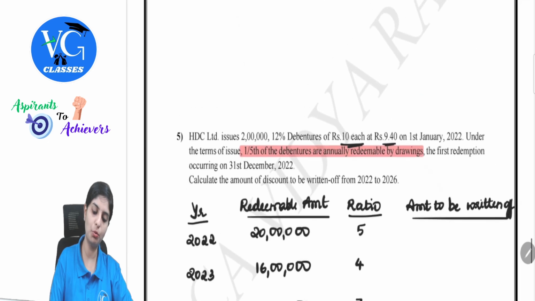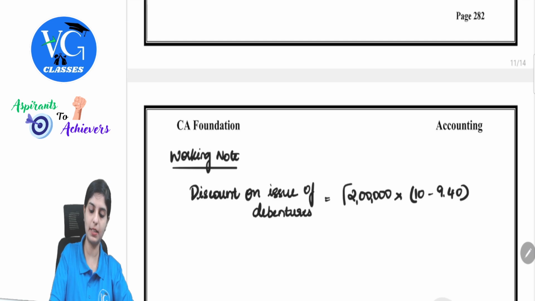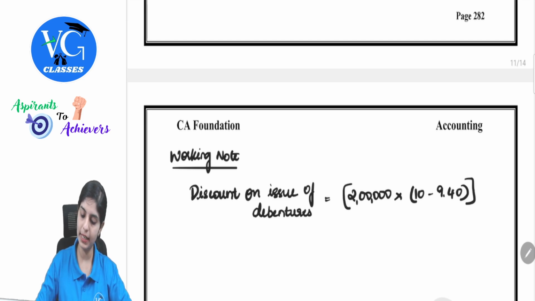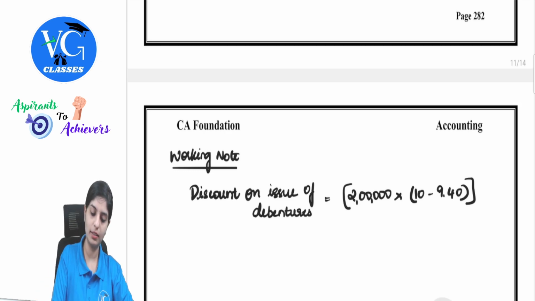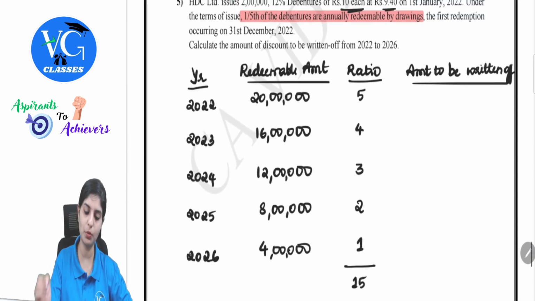So that will be 2 lakh into how much is the discount? 10 minus 9.40. You can also represent it like this or multiply directly with the value. 0.60 into 2 lakh. This will be 1,20,000. So we will divide this 1,20,000 in the ratio which we have found out.